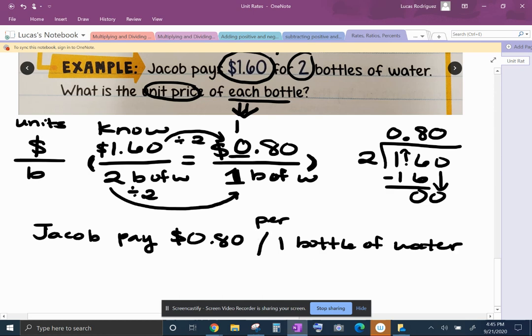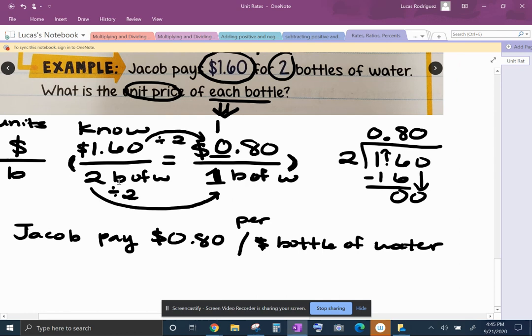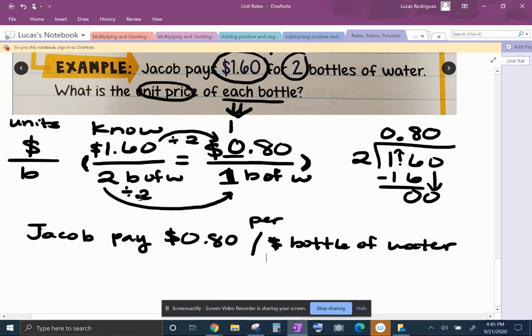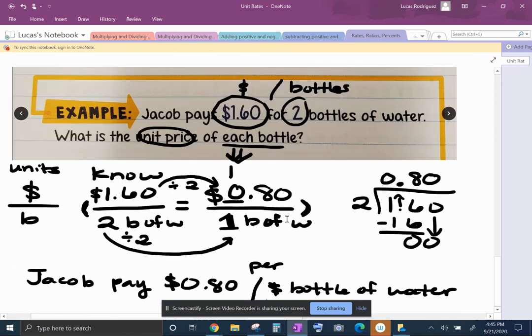Or you could just say per bottle of water because it's the same thing. Let me know if you have any questions on that. Remember, all you need to do is divide the denominator by itself in order to get to that other denominator of 1. Let me know if that makes any sense to you or if you need any extra help, and I'd be more than willing to help you.